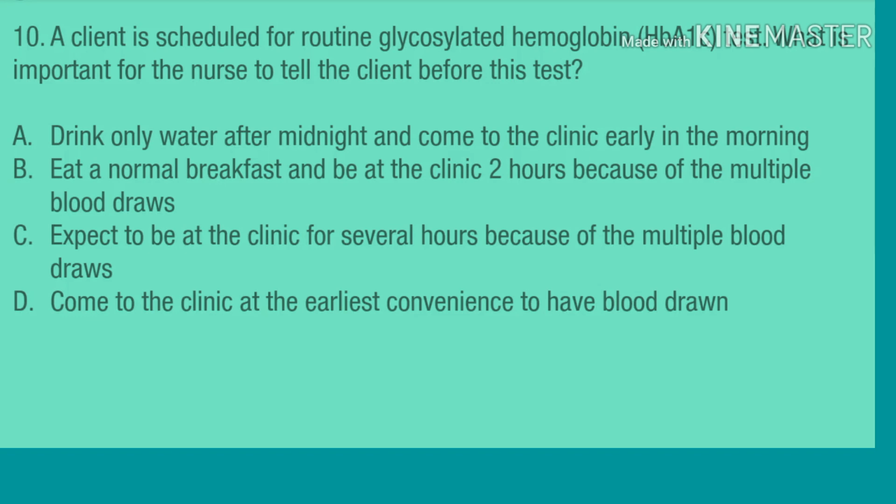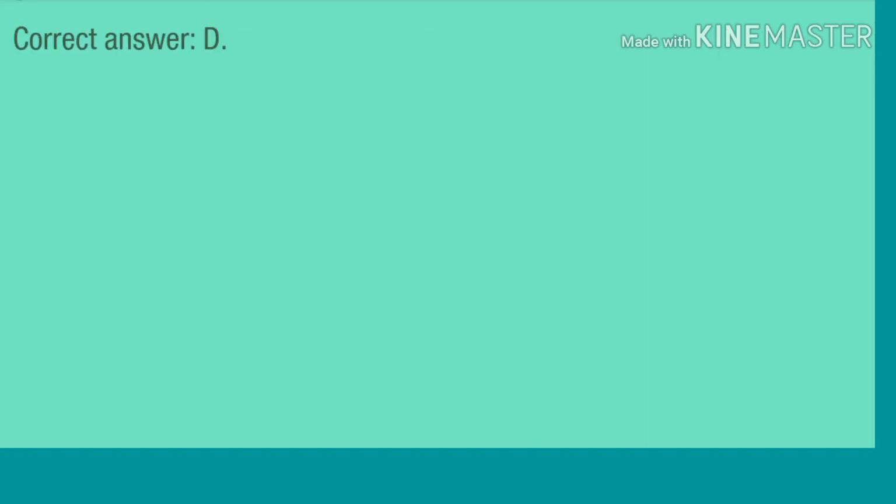C. Expect to be at the clinic for several hours because of the multiple blood draws. D. Come to the clinic at the earliest convenience to have blood drawn. Correct answer, D.